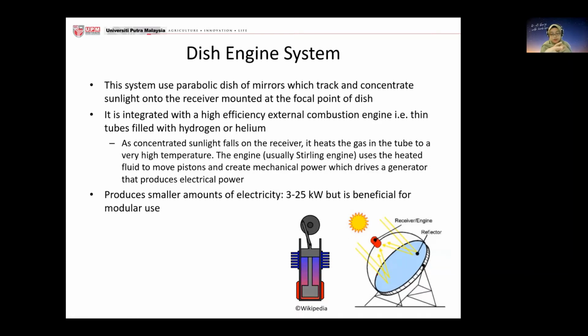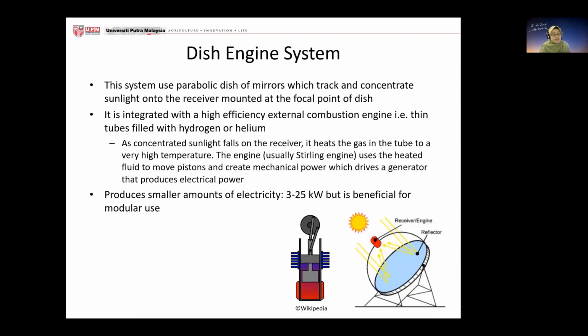It doesn't have the capacity as high as the other 2 before, but it has the advantage of modularity, so it can be installed even in places where there's less space, for example, or the requirement of energy is not that large. If you have one whole house, you may need a few of these systems, but it would be enough to cover the energy expenses.